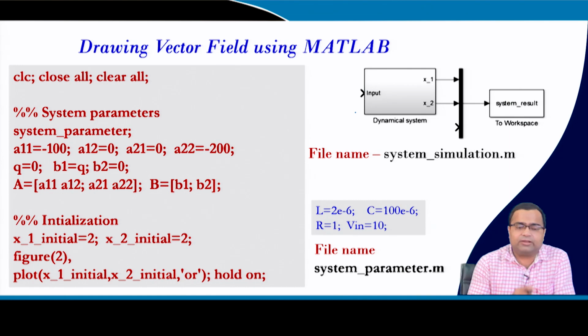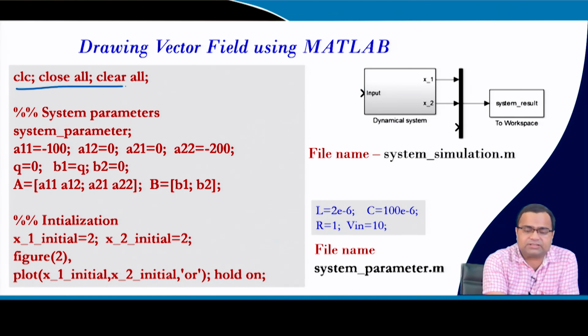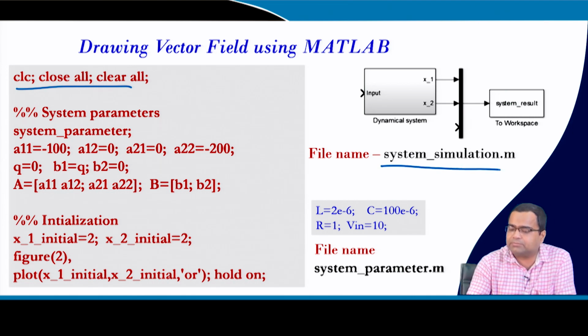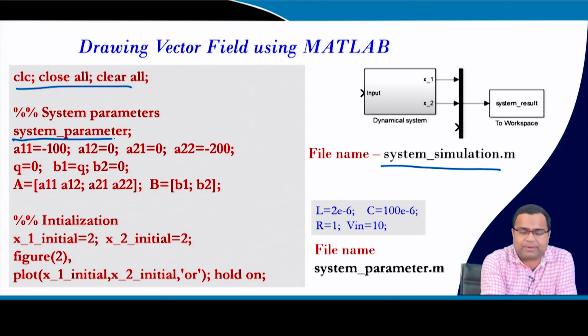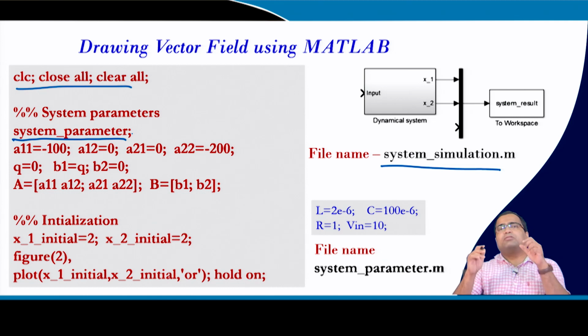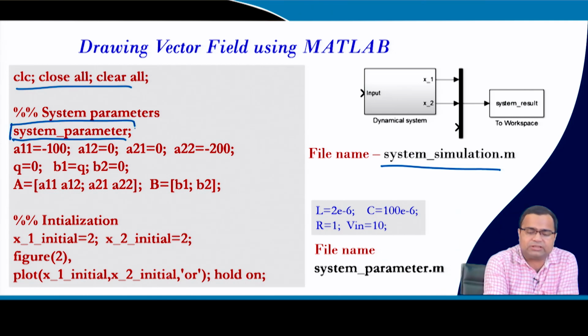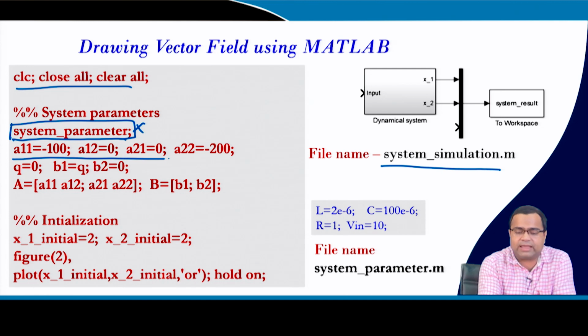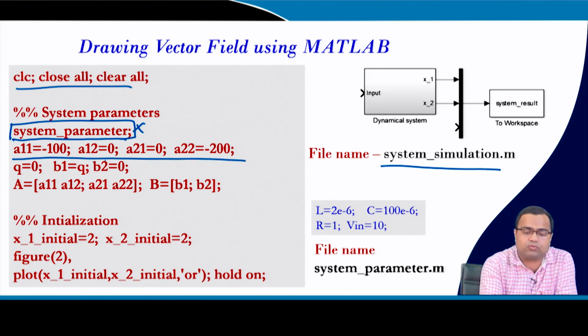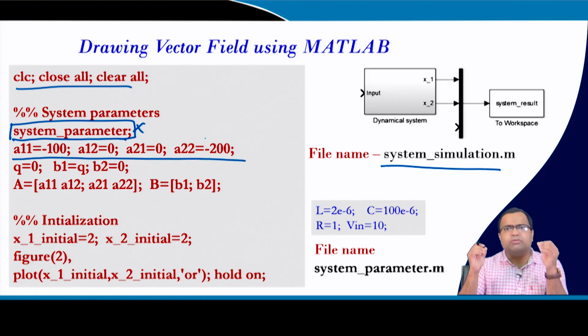Then, in order to draw the vector field, I have created one .m file, system simulation underscore simulation.m, and it will ask for system parameters. Although I am not giving any parameter, this is used if I want to incorporate a DC-DC converter model. So, for the time being you can ignore this, because in this particular lecture we are not calling this parameter; we are writing all the A11, A12, A21, A22 by numerical value.